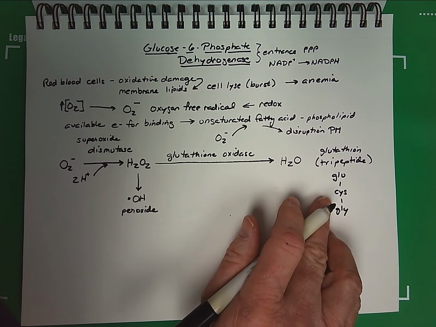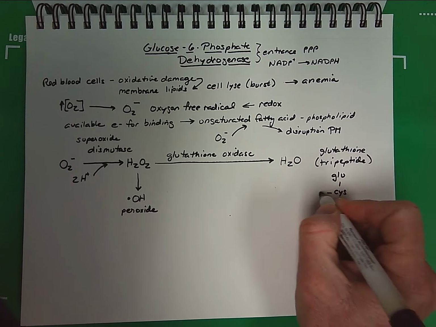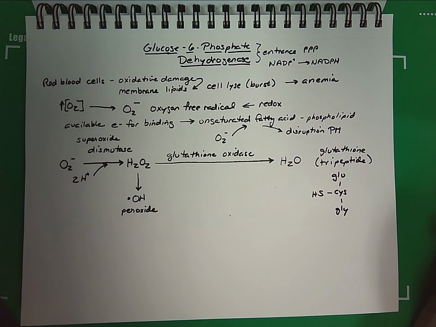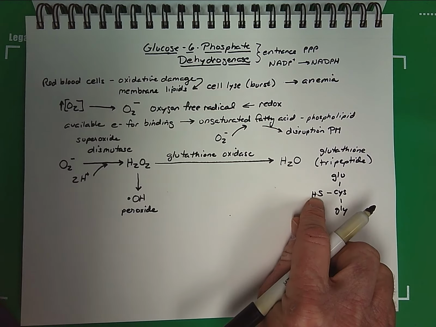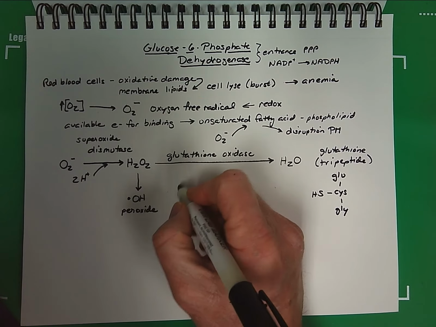Now, the most important feature of glutathione is the free sulfhydryl on the cysteine amino acid. This is what is going to participate in the oxidase reaction with glutathione oxidase.